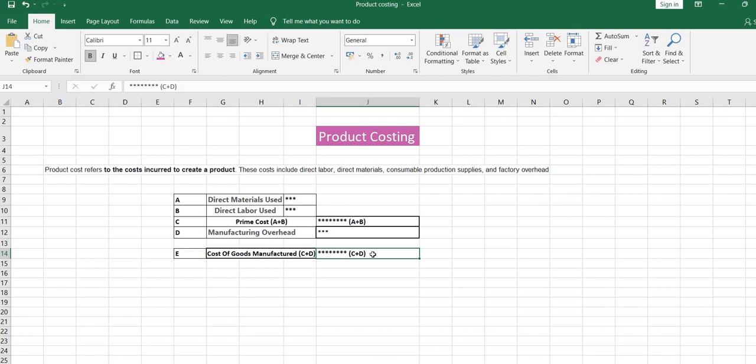That means the cost of goods manufactured is the cost of production: the price at which the product is produced. This final cost of goods manufactured is the ultimate motive of product costing. Once it is captured correctly, the purpose of product costing is completed.